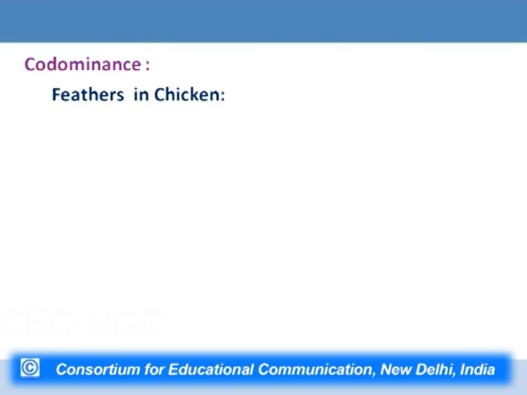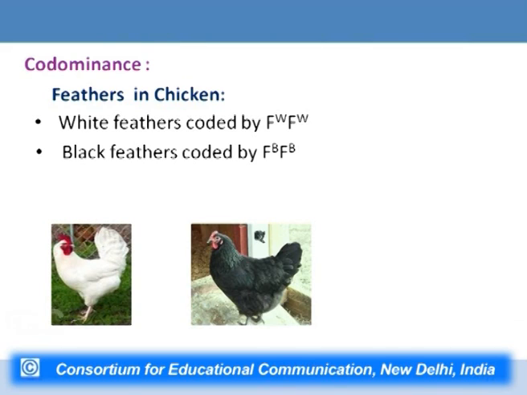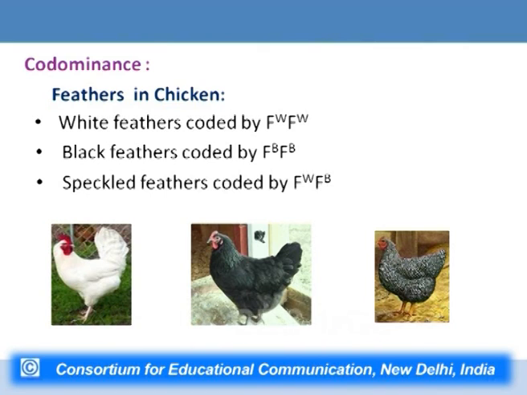One example of codominance is seen in chickens, and it basically relates to feathers in chicken. The white feathers in chickens are coded by allele FW, whereas black feathers are coded by allele FB. When an individual having genotypic combination FW FW is mated with an individual having genotypic combination FB FB, that is, a white feathered cock is mated with a black feathered hen, then individuals which are speckled might result.